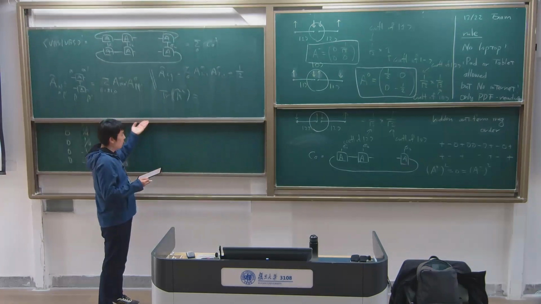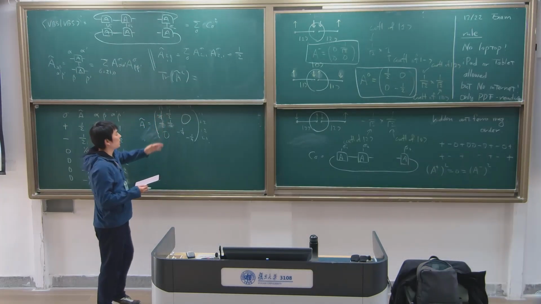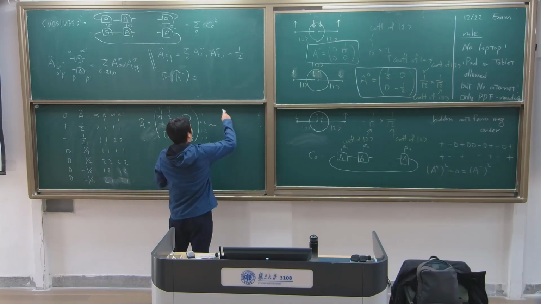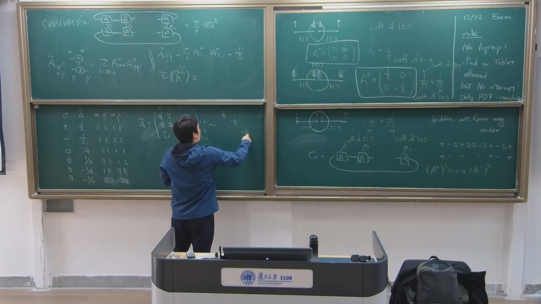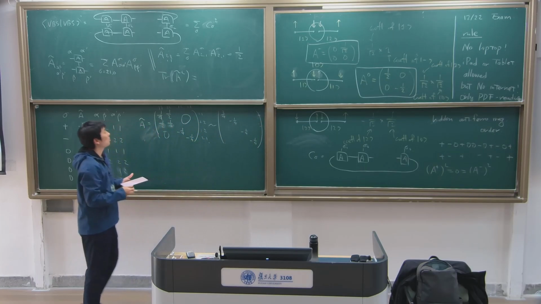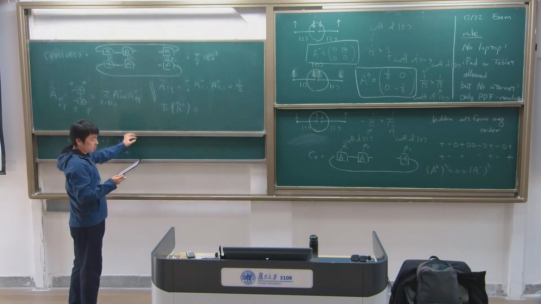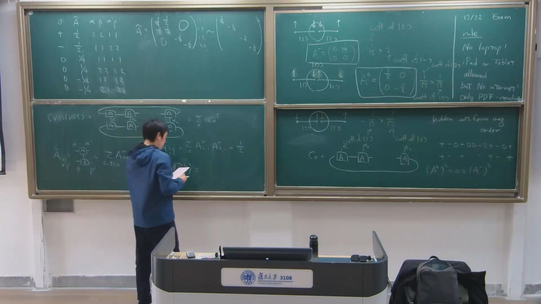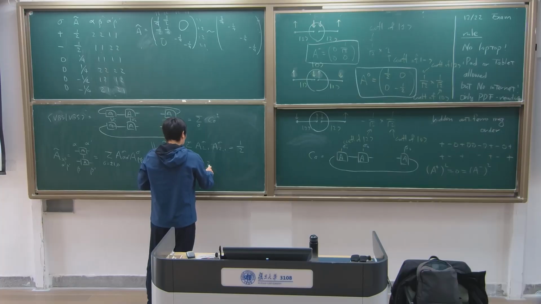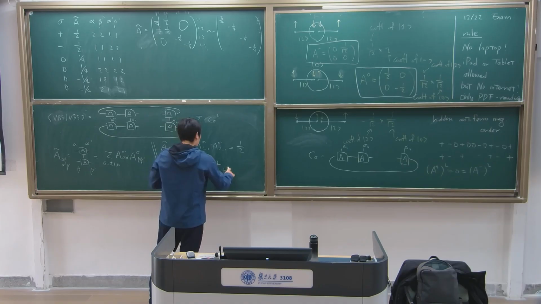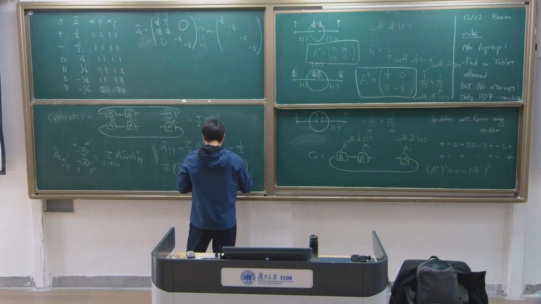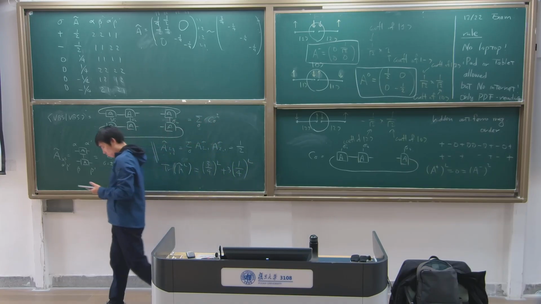And then we need to diagonalize this one, and then this is 3 over 4 minus 1 over 4 plus 1 over 4 minus 1 over 4. Now for this is 3 over 4 to the r plus 3 over 4 to the r. Okay, so let's see what's wrong with it.